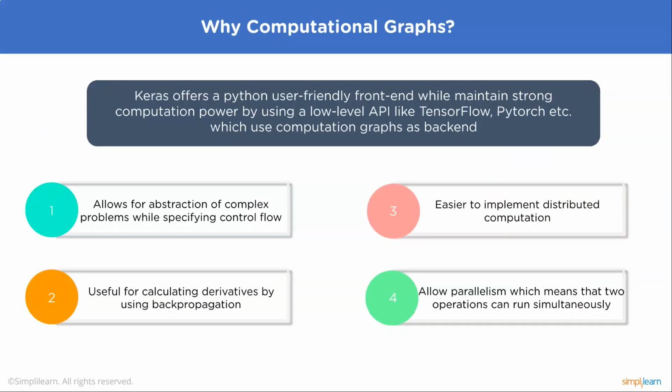So Keras offers a Python user-friendly front-end while maintaining a strong computation power by using a low-level API like TensorFlow, PyTorch, etc., which use computational graphs as a backend. One, this allows for abstraction of complex problems while specifying control flow. If you've ever looked at some of the backend or the original versions of TensorFlow, it's really a nightmare.